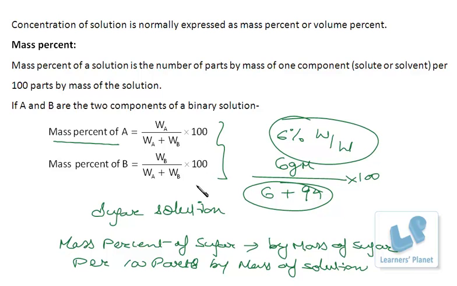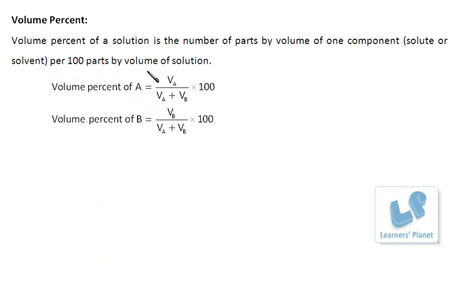There is another thing by which we can express the concentration of a solution. That is the volume percent. Volume percent of a solution is the number of parts by volume of one component, which can be either solute or solvent, per 100 parts by volume of solution.